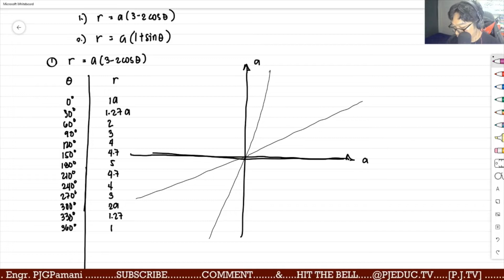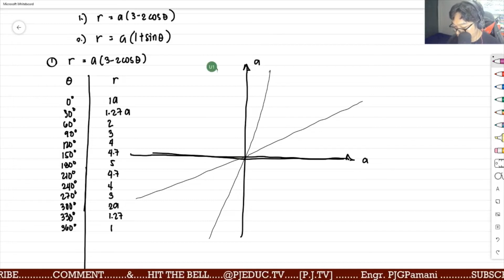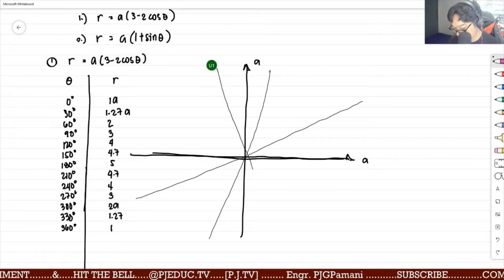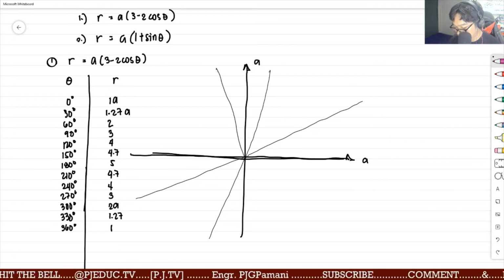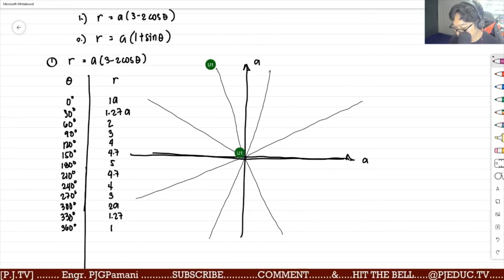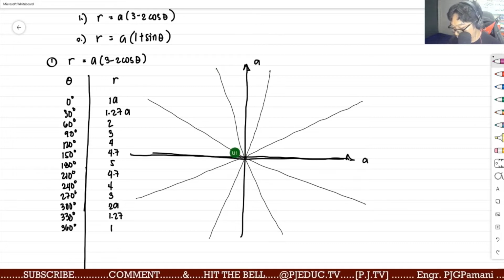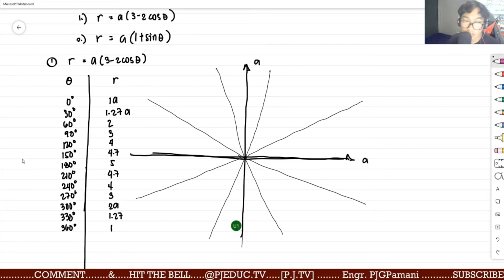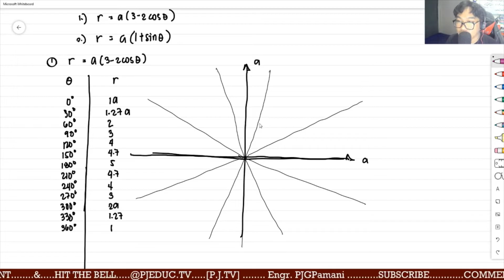Pasensya nyo na yung drawing ha. 120, 150, and 180, 330, then 360. So more or less ganyan.